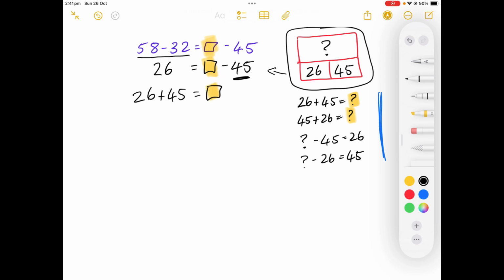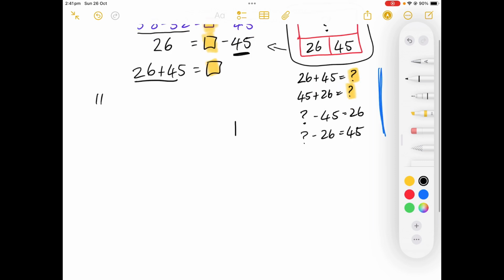Okie dokie. So let's go 26 plus 45. Let's do it. If I do my ones together, I get 6 and 5 is 11. And if I do my tens together, I get 2 tens and 4 tens, which is 6 tens. So that would be 60 plus 11. So it would be 71.